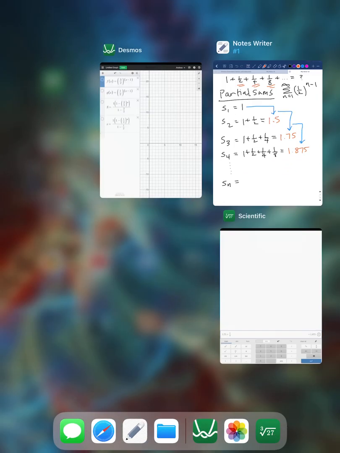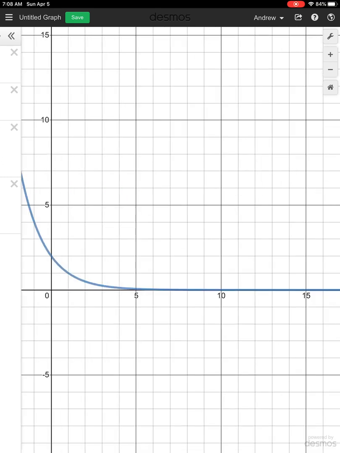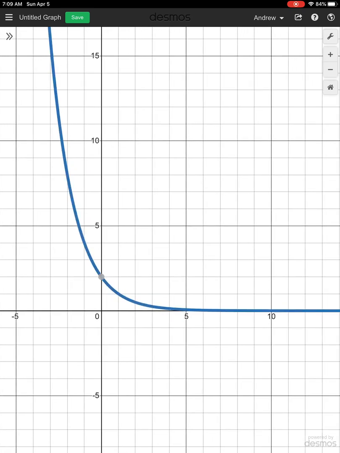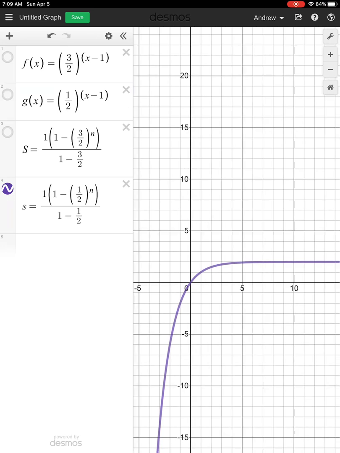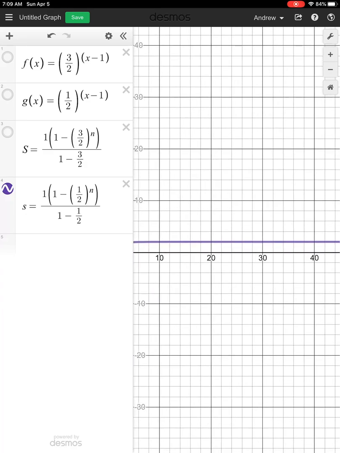So let's go to Desmos. And if we look at the graph for that exponential curve, we can see it's decay, right? So it's decaying, so clearly the terms are getting smaller and smaller and smaller as we increase the value of n. So if I look at the summation as a function of that particular sequence, let's zoom out a bit here, it's like we're leveling off, right?